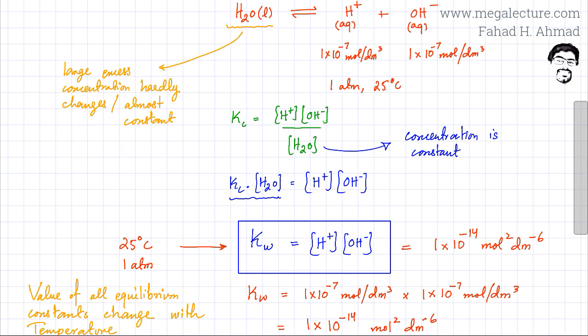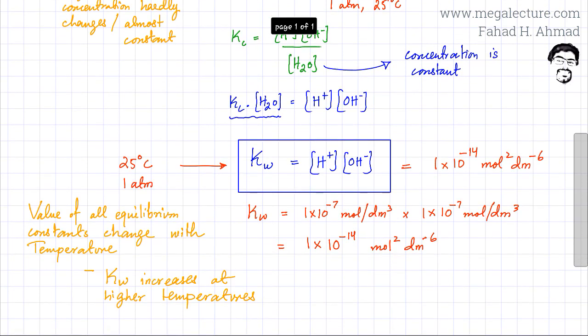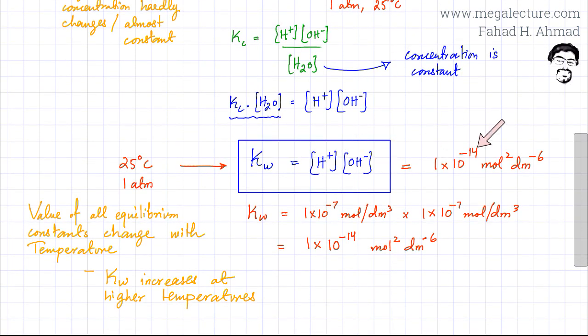If you have more products, then the concentration of H plus 1 and OH ions is going to be higher, and the value of the equilibrium constant is also going to be greater. So remember this fact that Kw increases at higher temperatures. As you increase temperature, more ionization would occur and more H plus 1 and OH ions are going to be produced. So you're going to get a higher value.